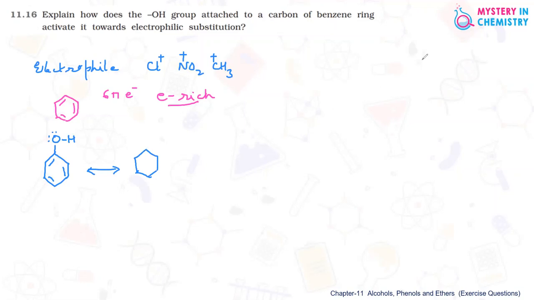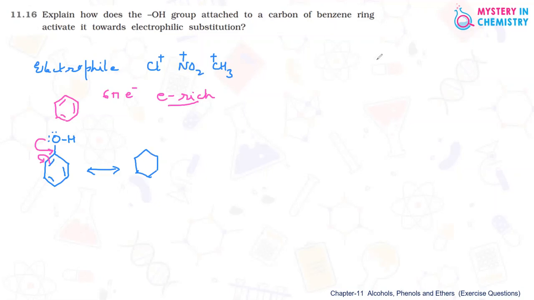First of all, this electron pair of the oxygen is making the bond between oxygen and carbon, and this bond will not be here, and it is forming the charge over here.